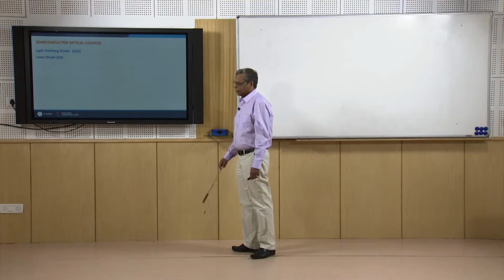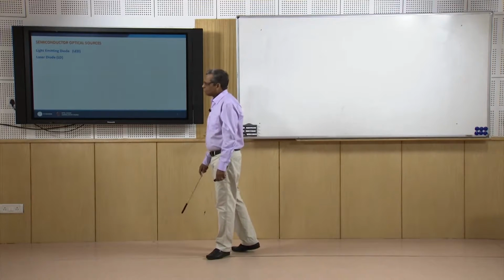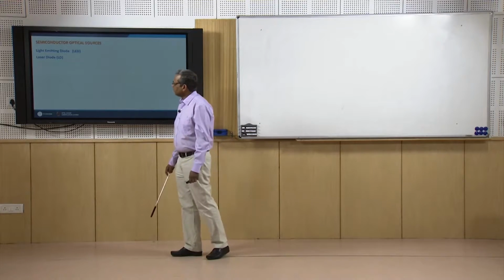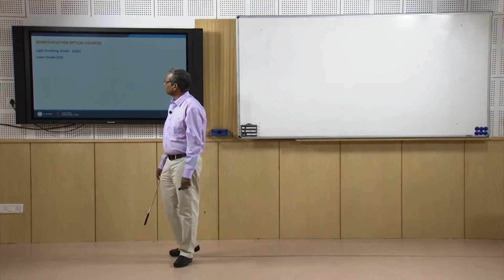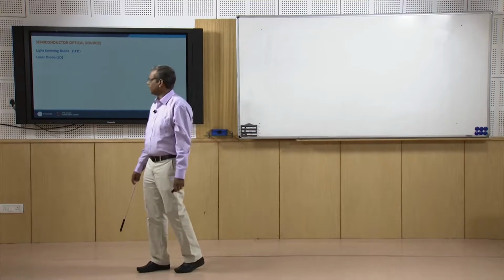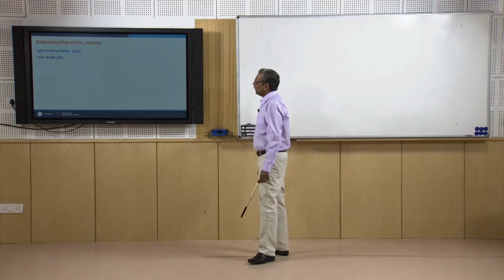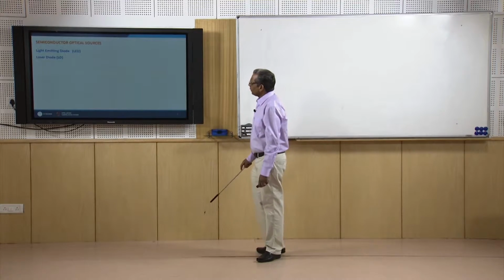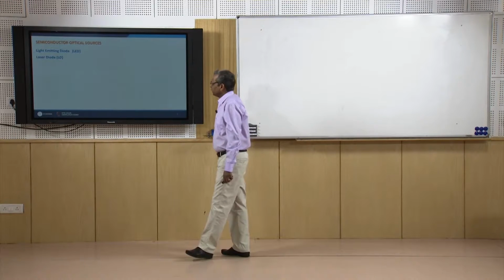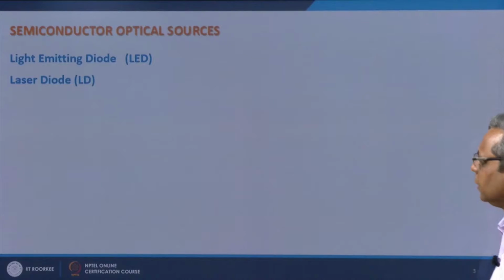How do we make these sources? These sources are primarily based on semiconductor optical materials, and the two primary sources are the light emitting diode, LED, and the laser diode, LD.